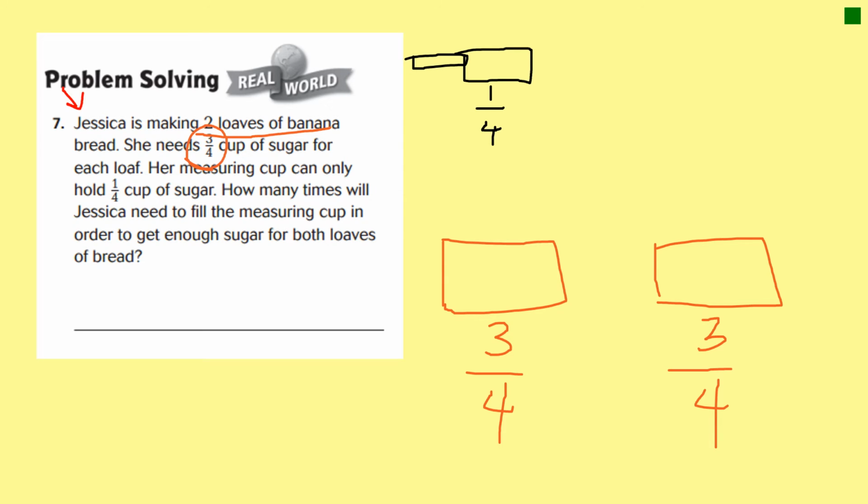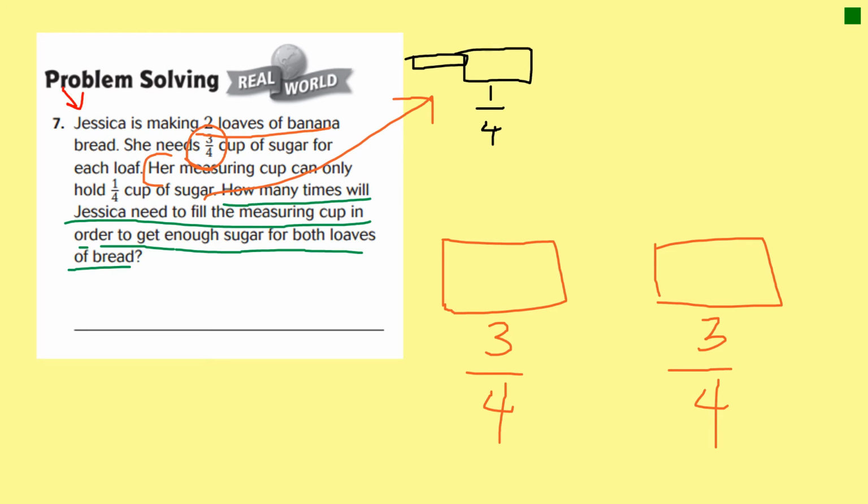Okay. All right, so here we are right there. Her measuring cup can only hold 1/4. So that's what I drew right up there. There's her measuring cup. So what they're asking is, how many times will Jessica need to fill the measuring cup in order to get enough sugar for both loaves of bread?